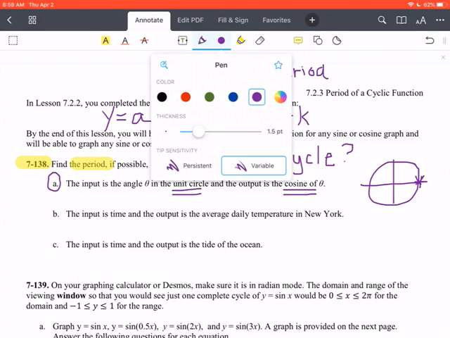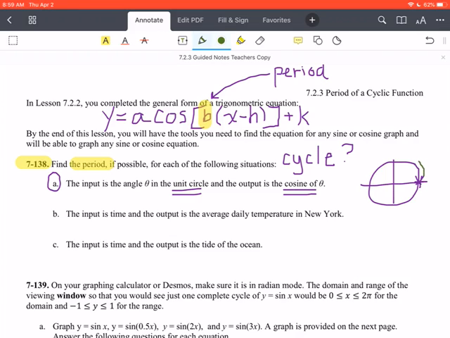When we travel around the unit circle, this represents all different angles that have different cosines. And then we finally return to 2 pi. So the period of the unit circle is 2 pi. One lap around is 2 pi radians.